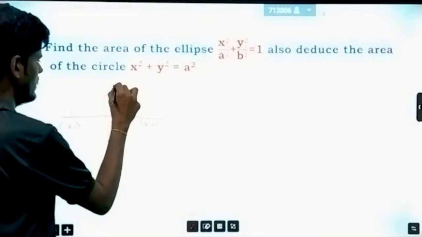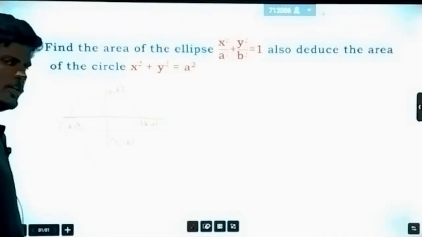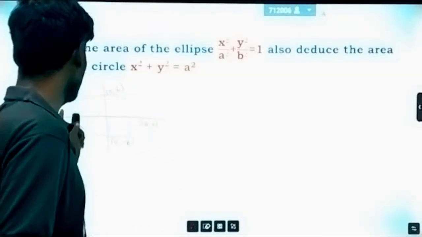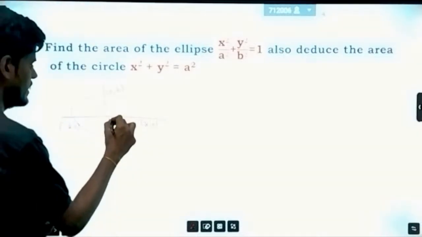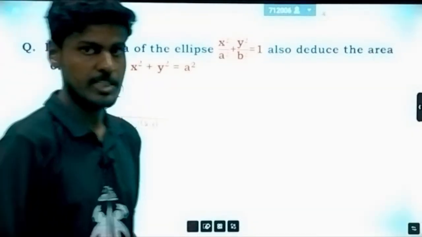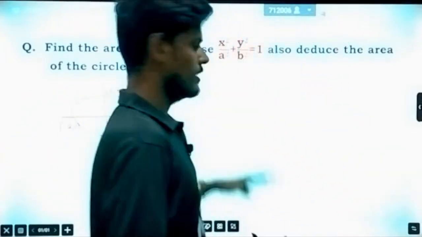This will be 0 comma b and 0 comma minus b. We already know the shape of ellipse, the major axis, minor axis, the vertices of ellipse, and the center. We already learnt in first PUC, conic sections, you have already seen ellipse. The same will be applied here.